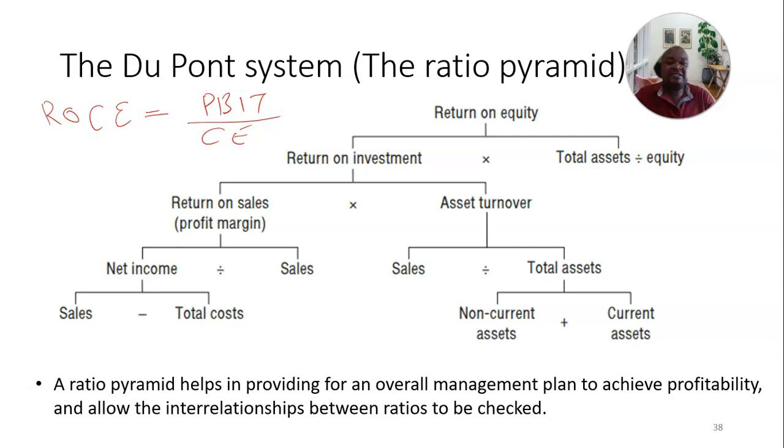If we are saying that this is a return on capital employed, we're simply saying that this is the return the shareholders expect from investing in long-term investments. By using the profit before interest and tax, we are saying that this is the profit that is enough to settle the demands of our funders, as well as our equity shareholders.